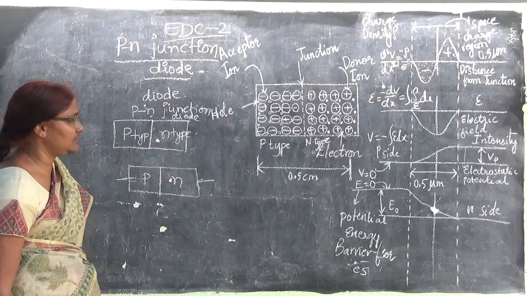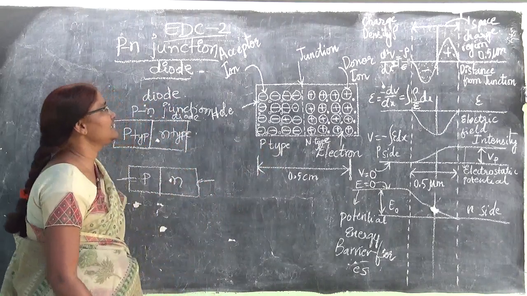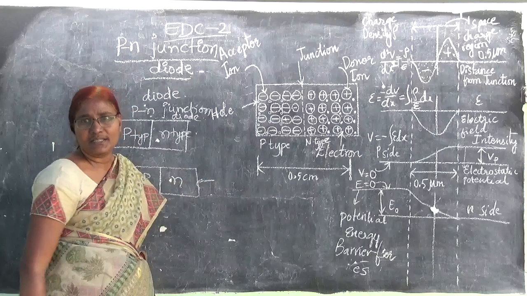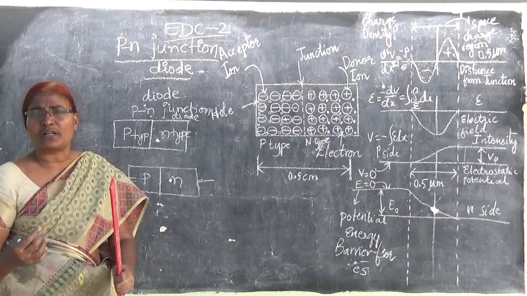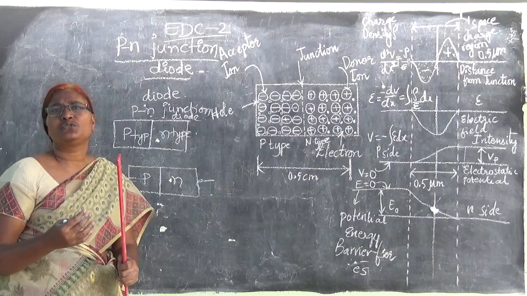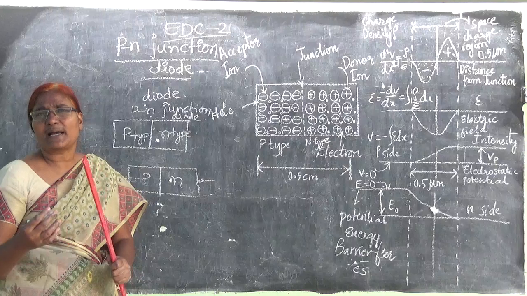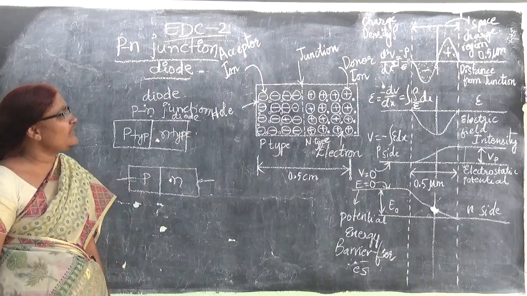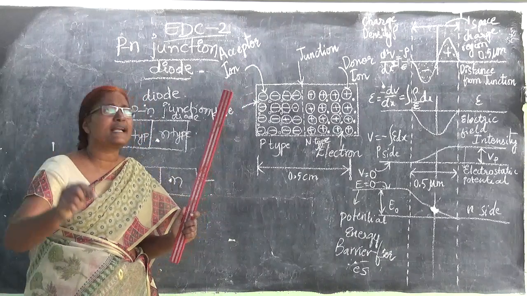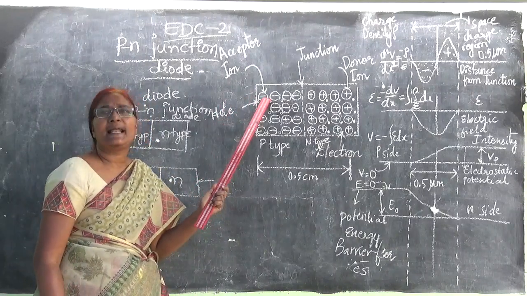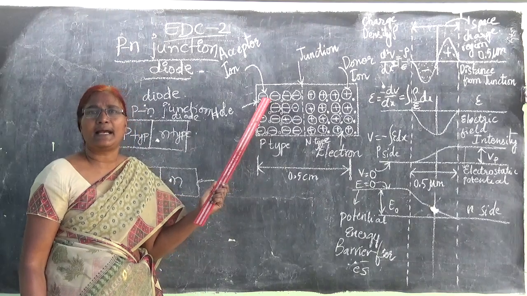Now what happens? You know that in p-type material, the impurity atom is nothing but an acceptor. It is ready to accept any excess electron which comes to it. That means if it accepts an extra electron, it will become a negative ion.